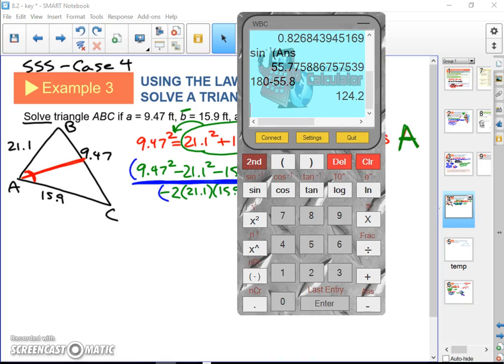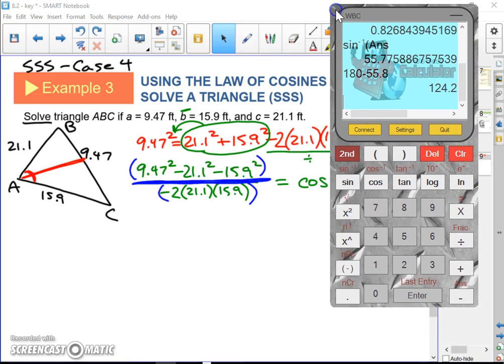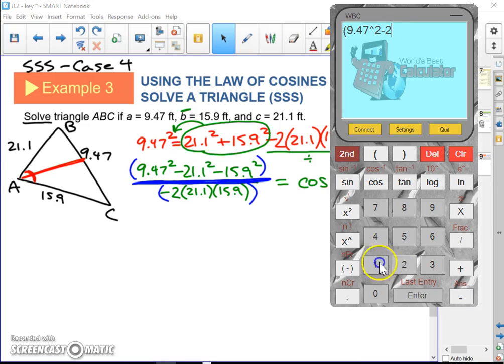Fingers crossed. Start with parentheses though. Close parentheses around the top and divide by quantity on the bottom.